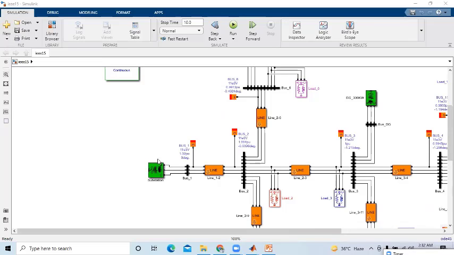One is described as a substation, an 11 kV substation, which is supplying power at 11 kV. The other generator, a diesel generator of 300 kilowatt, is connected over here.